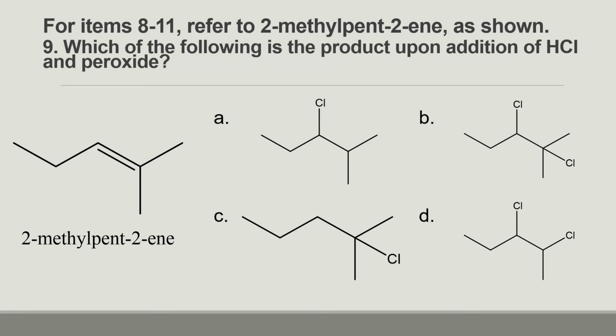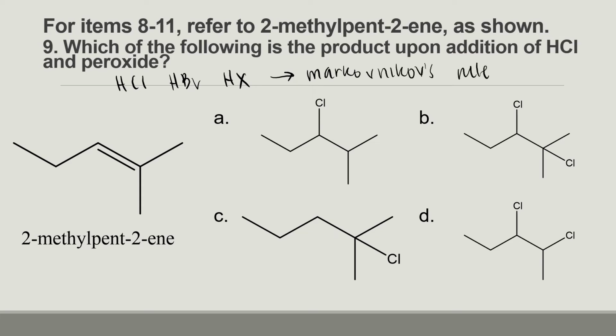Number 9, which of the following is the product upon addition of HCl and peroxide? So still the same compound, and we're given different set of choices. So alam natin na usually yung HCl, or HBr, or generally yung HX natin, kapag nag-react yan sa alkenes, it will follow Markovnikov's rule.